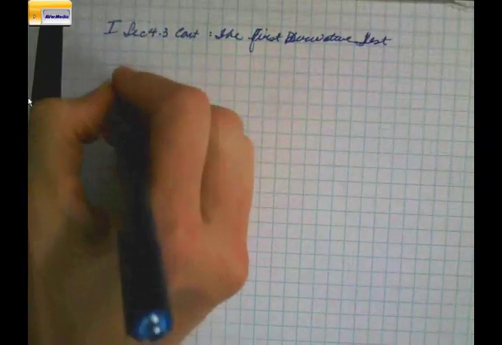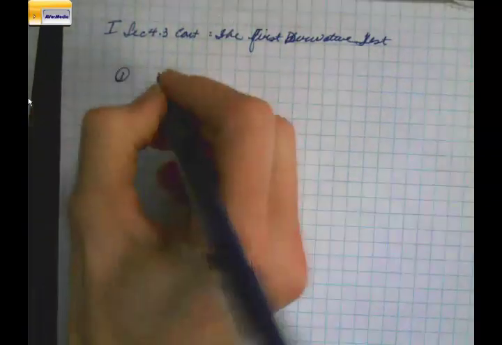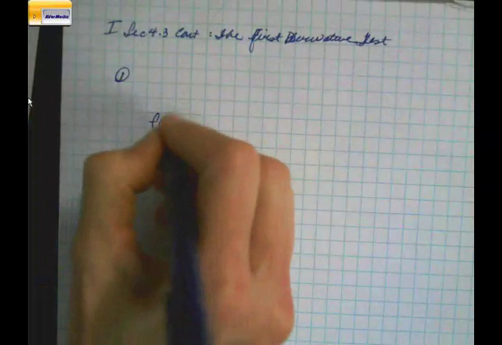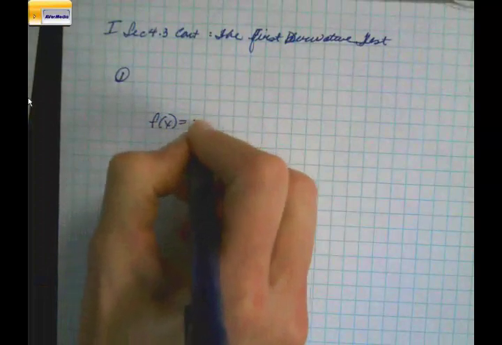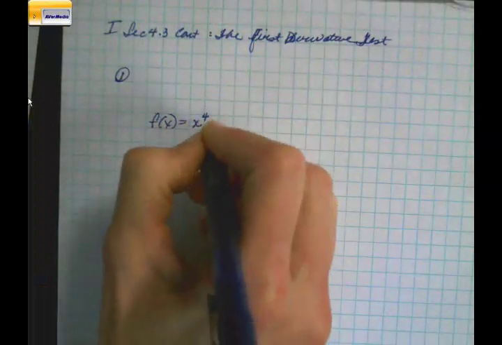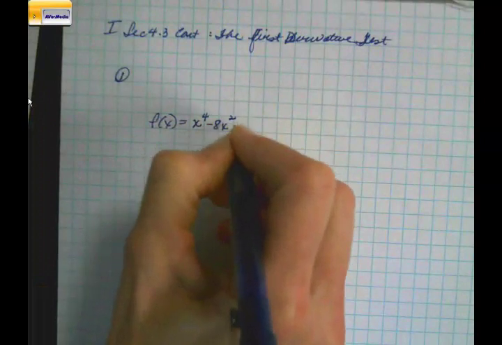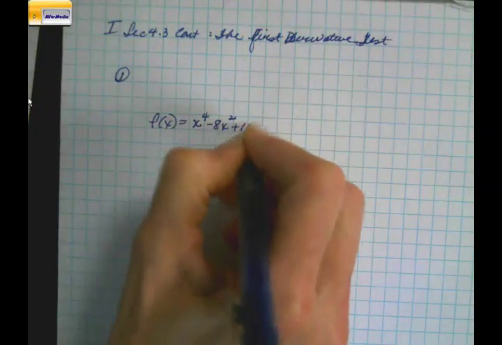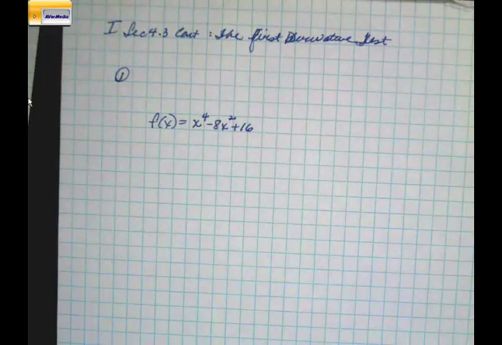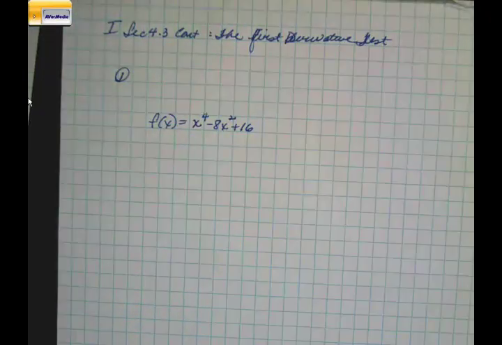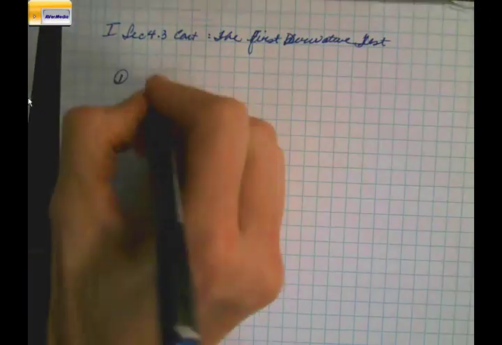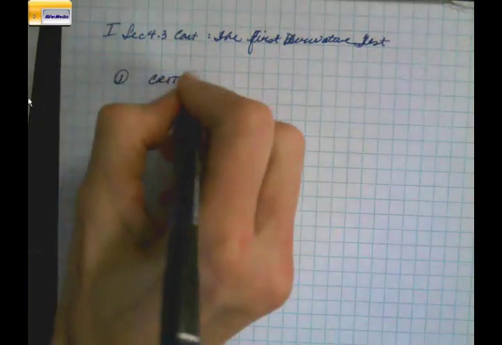And so we're going to start this with number 1 again. And they're going to give me a function, something like f of x equaling x to the 4th minus 8x squared plus 16. And they're going to ask me a whole lot of questions about this little function. They're going to ask me things like, what are the critical values?